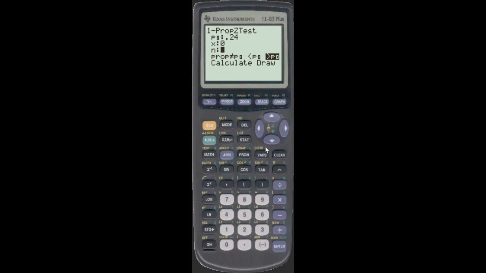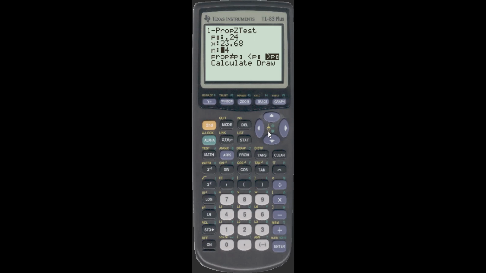Your N is 74. Okay. And your X is not given in this problem. Your X comes from the fact that there are 0.32 times 74. And you can actually do that calculation in here. Like if you do that, it'll do it when you hit the down arrow.